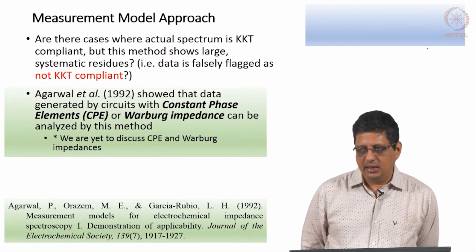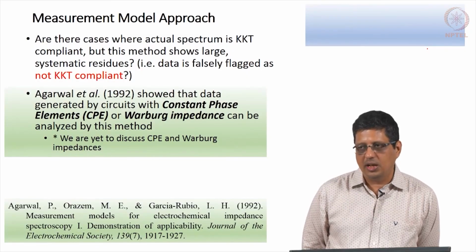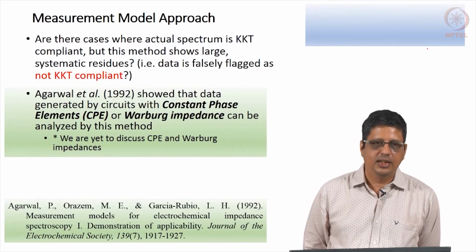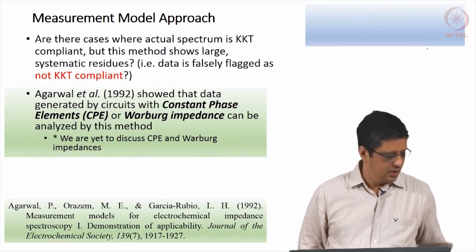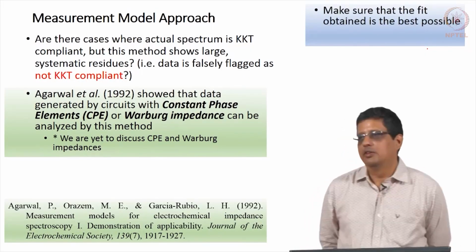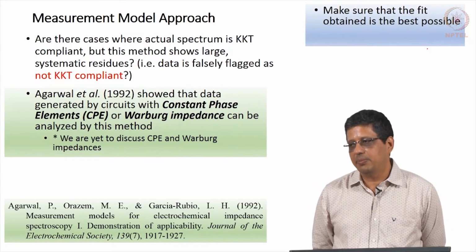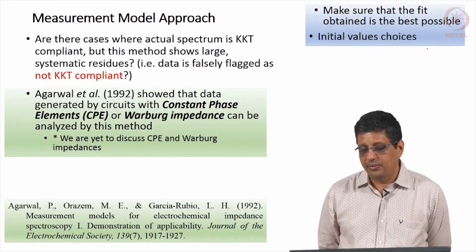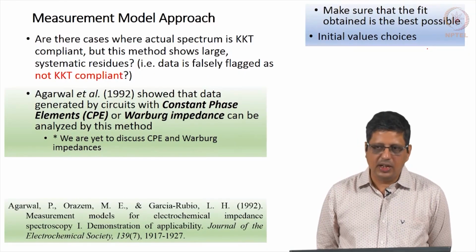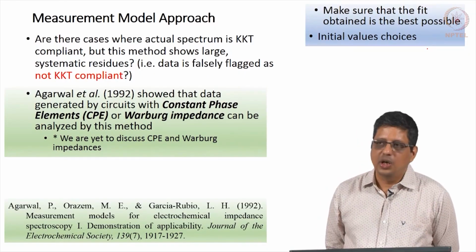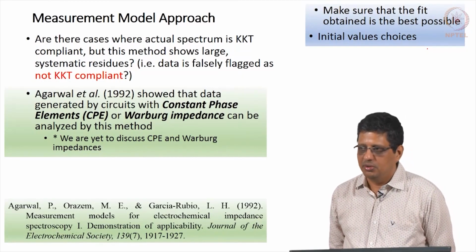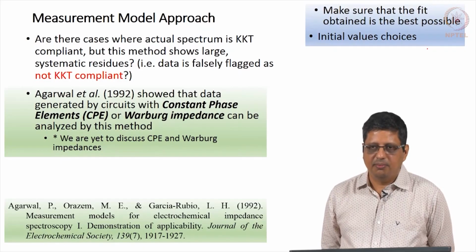Even if I get other elements which are not normally modeled using RC, if you put enough RCs and the data is KKT compliant, you will find that the system will capture it. That means you are not likely to get false information saying the data is not compliant, and of course, it is up to us to make sure that the fit is the best possible. Later, when we go to electrical circuit fit, I will also describe how to choose the initial values, and if it does not fit well in the first attempt, what you can do to make it fit better.